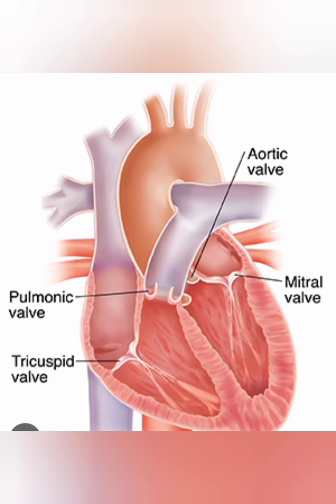That is all about the atrioventricular valve. The next type is the semilunar valve. The semilunar valve is of two types, that is aortic valve and pulmonic valve.